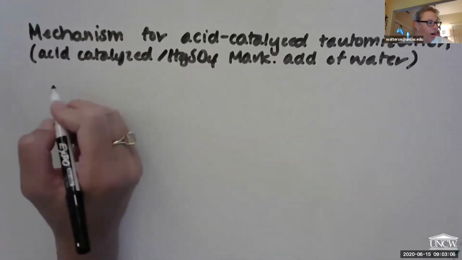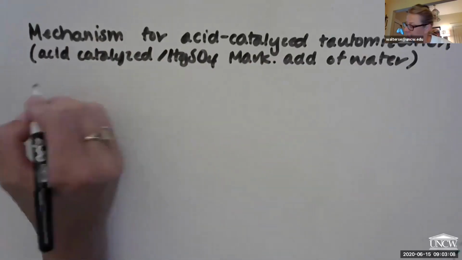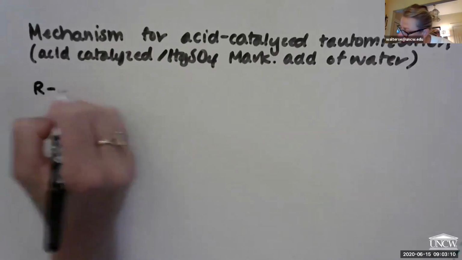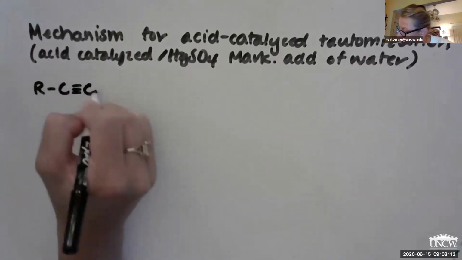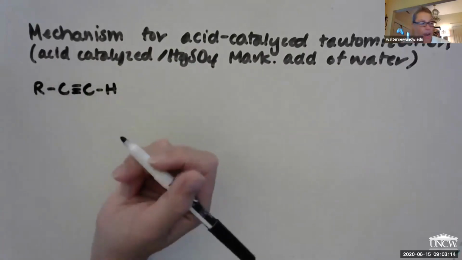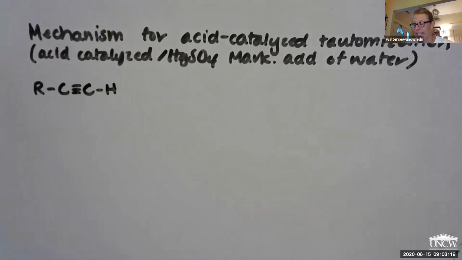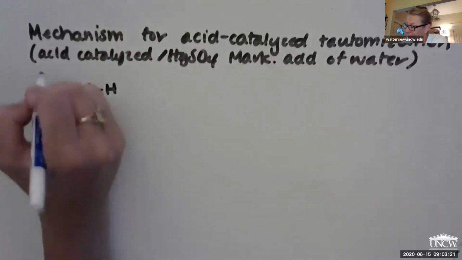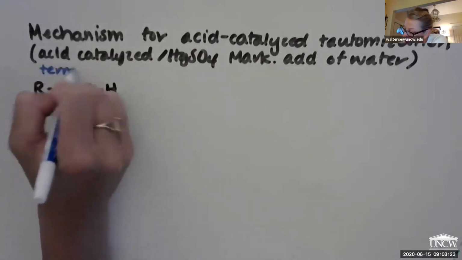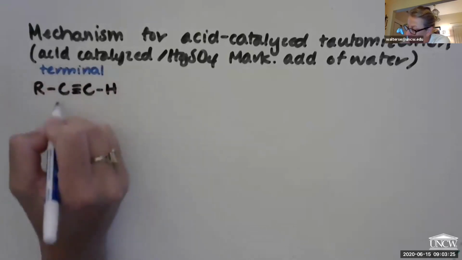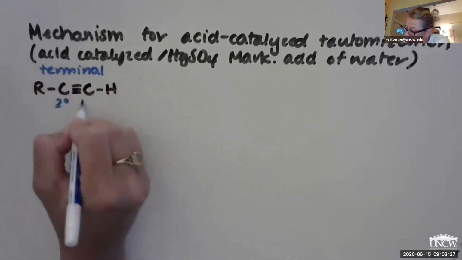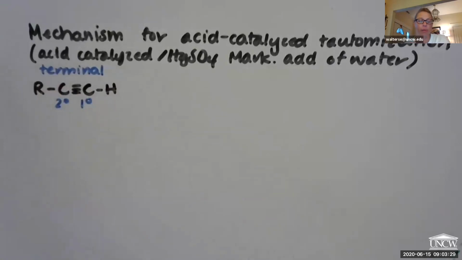So in our first case here, we'll have just showing the R group as anything right now. And again, it's important to recognize that this is a terminal alkyne, because if it's terminal, that's the only way you can differentiate between the two carbons, one being secondary, one being primary.